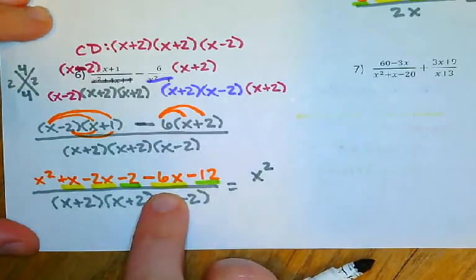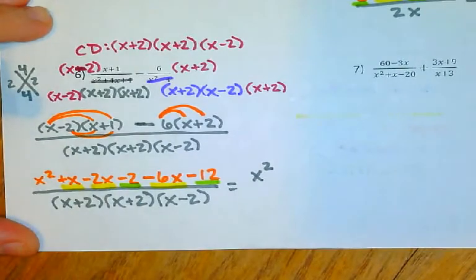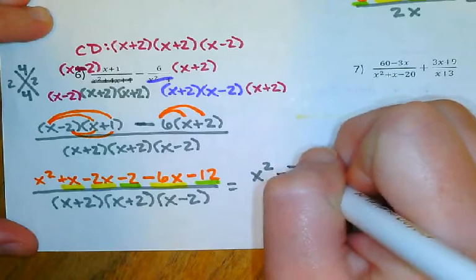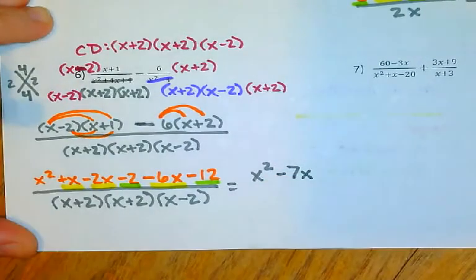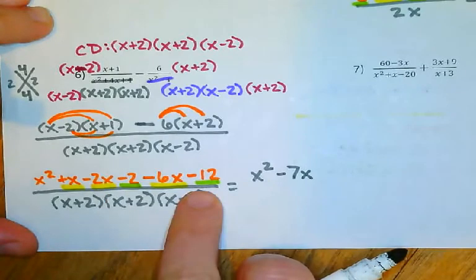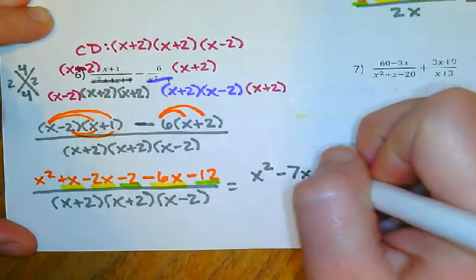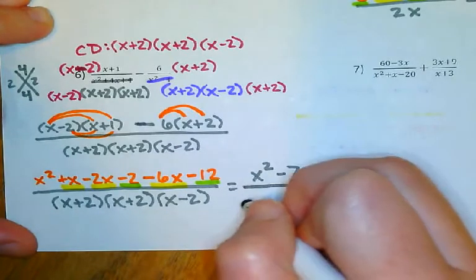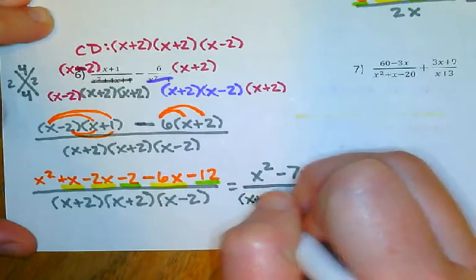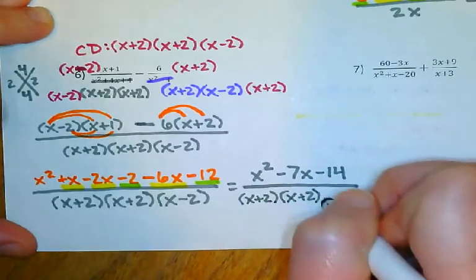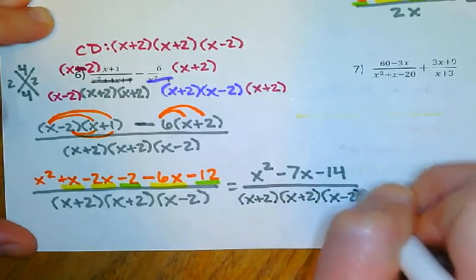Minus x minus 6x should give us a negative 7x. Then we've got negative 2 minus 12, which is going to give us a negative 14, all over x plus 2, x plus 2, x minus 2.